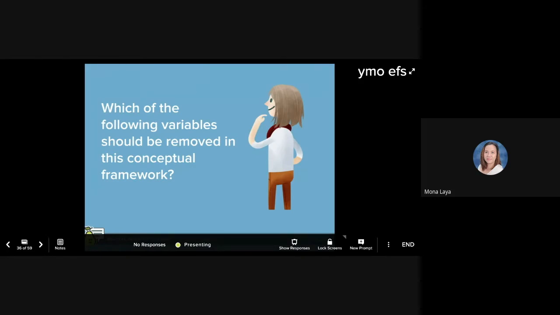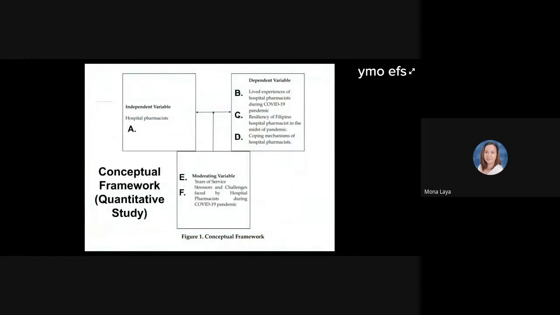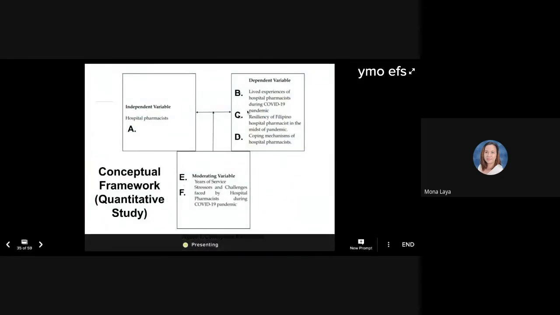So which of the following variables should be removed in this conceptual framework? Kasi nga, the fact that this is for quantity only, you should remove actually which you believe is quali, the term, the lived experiences, and the challenges. Okay? Kasi nga yan ay quali na mga term. You retain only the quantity na term. Okay?